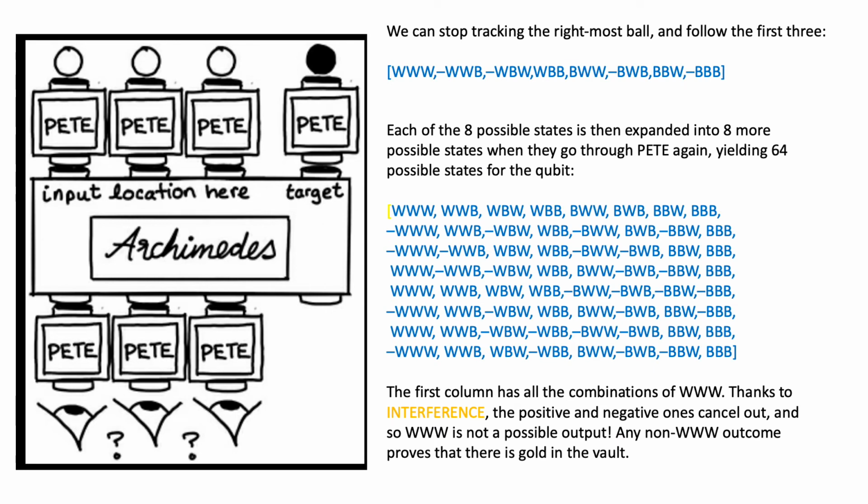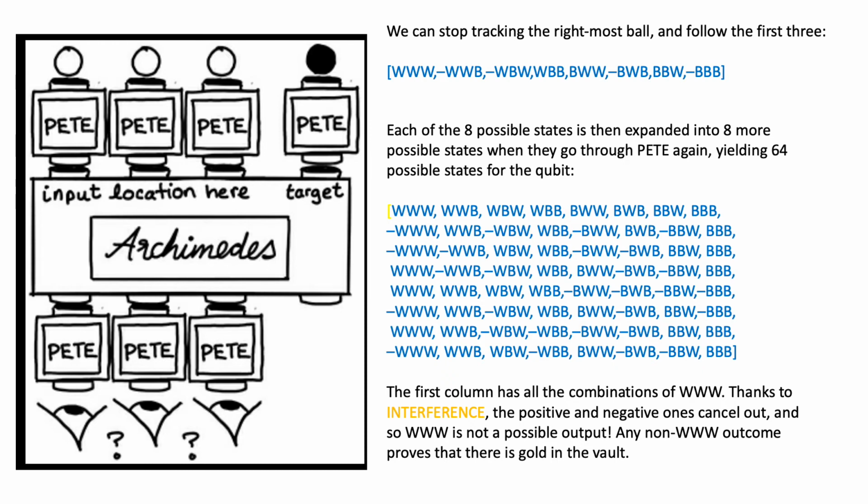Stick with me for just one slide. We're almost done here. Remember that we're tracking the 3 qubits on the left as they finish Archimedes and get to the PEAT boxes. We know there are 8 different simultaneous states that they're in, which we see in this vector.